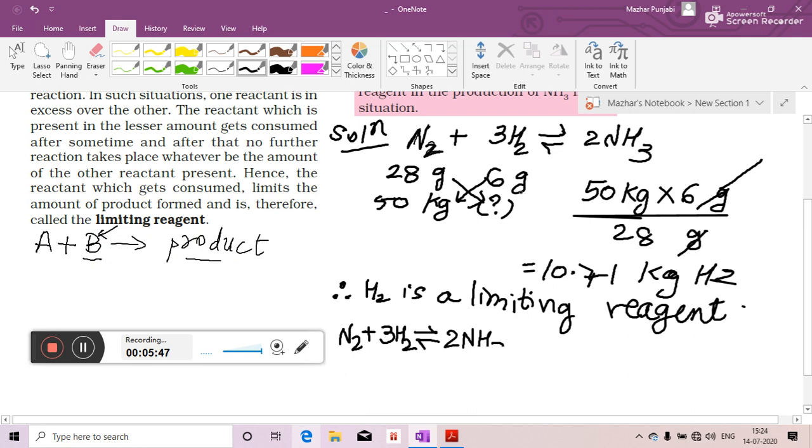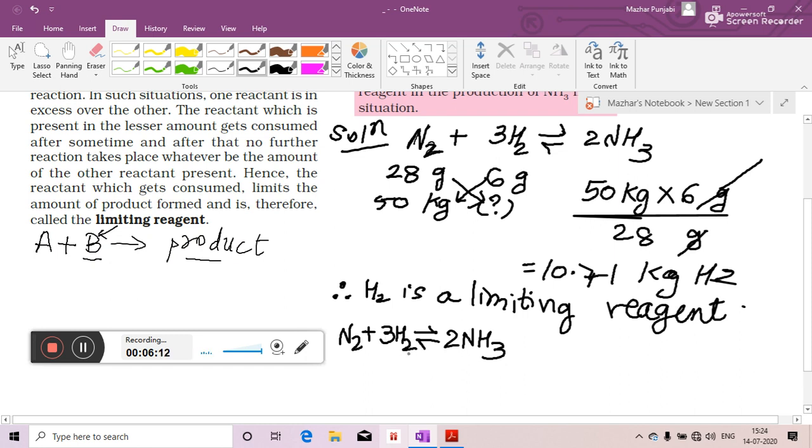Now according to balanced equation, the amount of hydrogen is 6 gram. So here, in order to find out the amount of ammonia, we have to just consider the amount of hydrogen, because the amount of product formed always depends upon the limiting reagent.